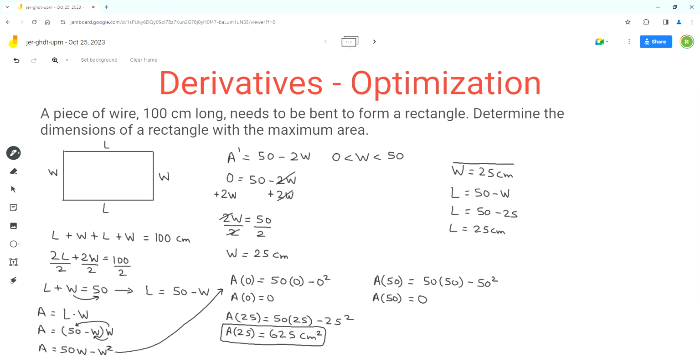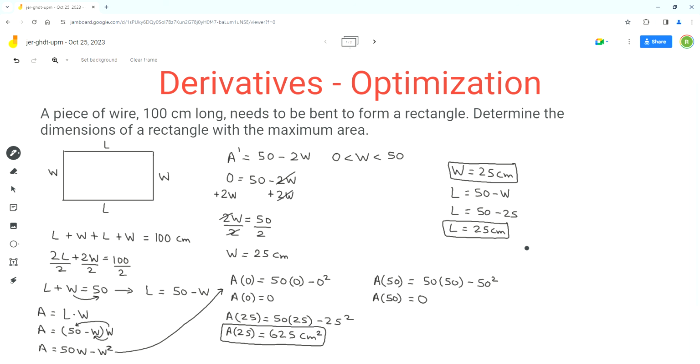So these are the dimensions of the rectangle that will give us the maximum area. So this should be the final answer for this problem.